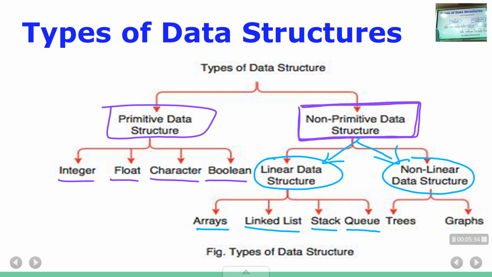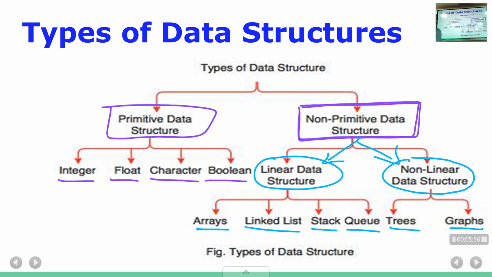So what are linear data structures? In a linear data structure, the data is arranged in a linear fashion, that is, the items are placed one after the other. Non-linear data structures, examples are trees and graphs.